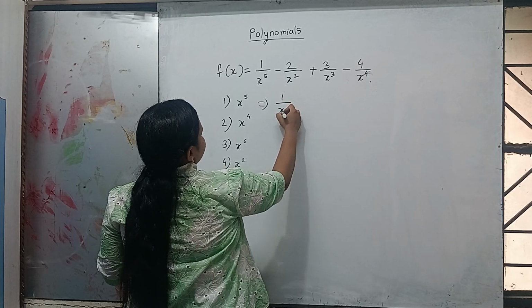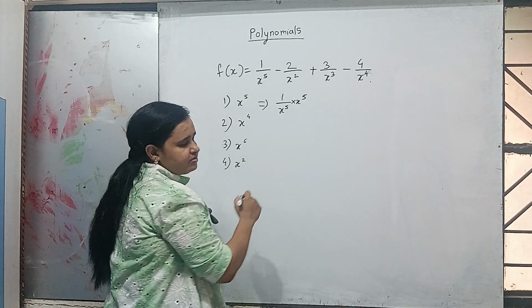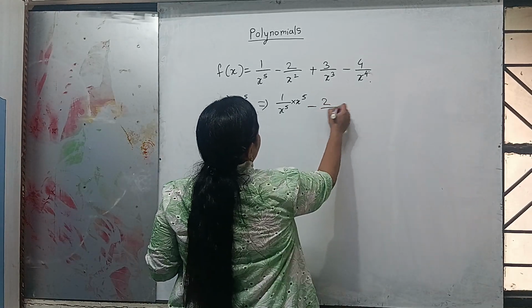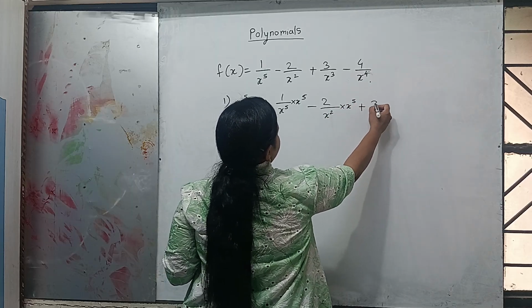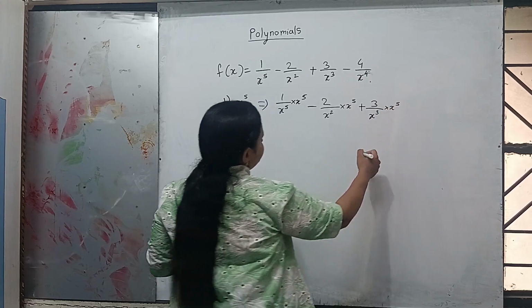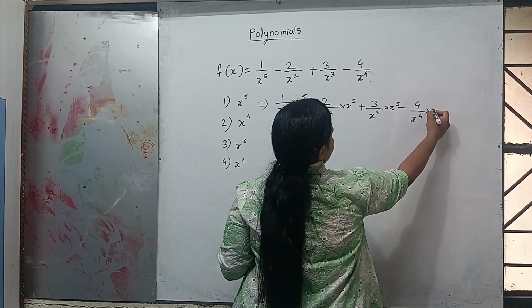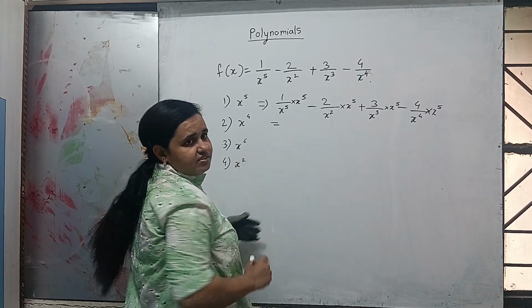We will get x to the power 1 upon x to the power 5 times x to the power 5, minus 2 upon x square multiplied by x to the power 5, plus 3 upon x cube multiplied by x to the power 5, minus 4 upon x to the power 4 multiplied by x to the power 5. What will we get?